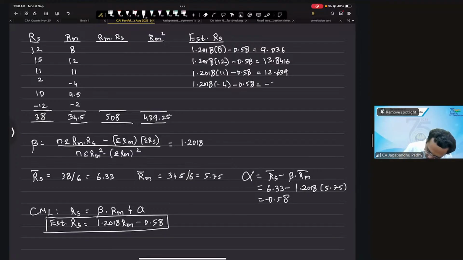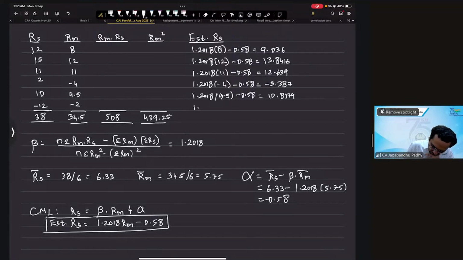Then the last ones: 1.2018 into 9.5 minus 0.58. What is this number? 10.8379.